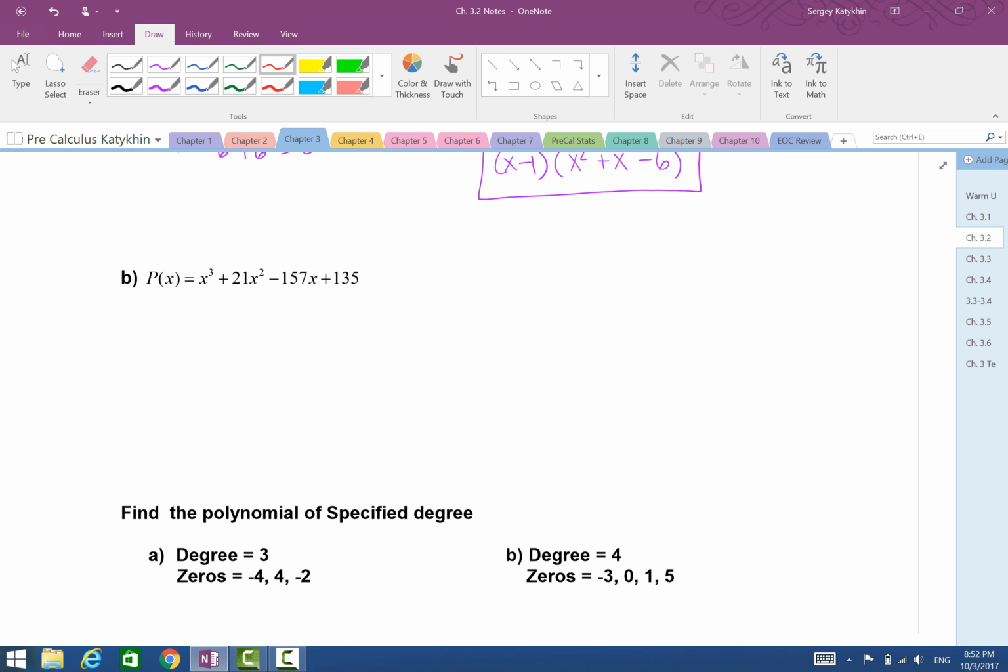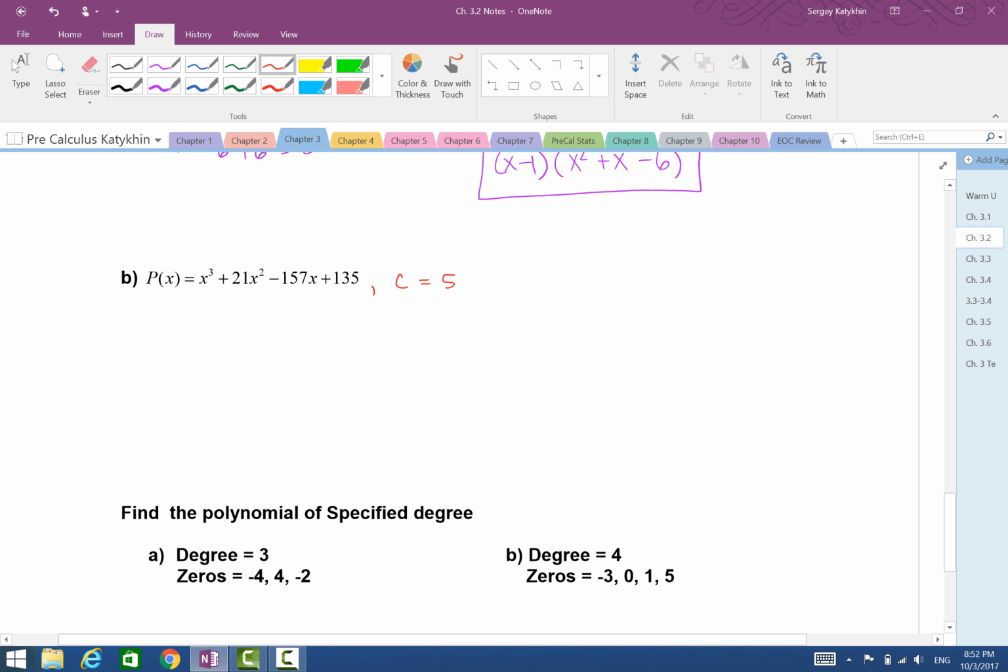So a similar problem, and I'm going to give you a c. Let's say c is equal to 5. Well, we have no idea if this is going to work or not. If it does work, if we do get a 0, that means it's one of our factors. However, if we don't get a 0, that means you cannot use it as one of your factors.